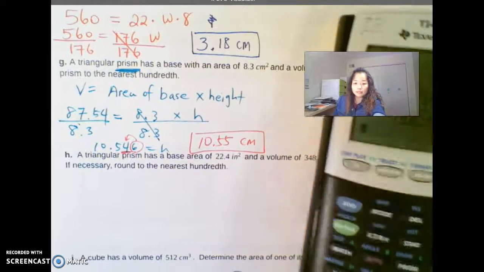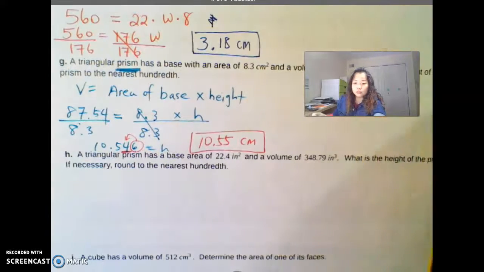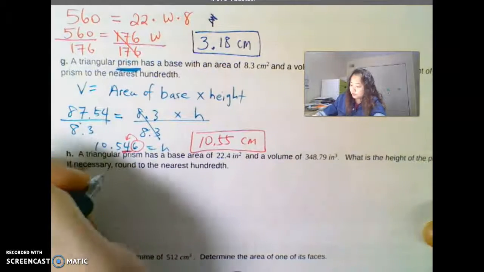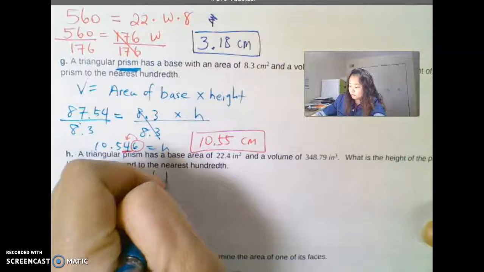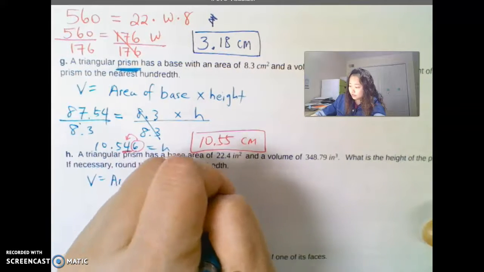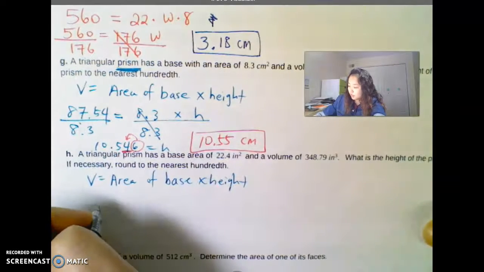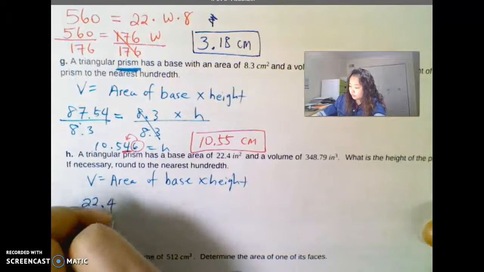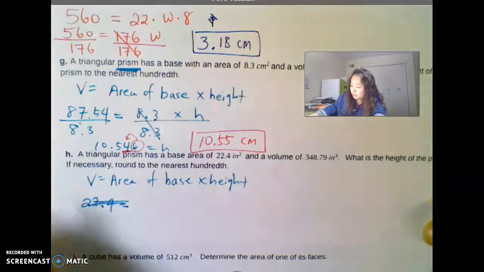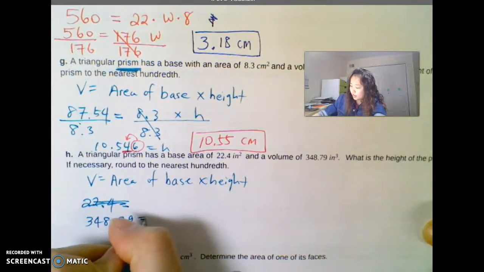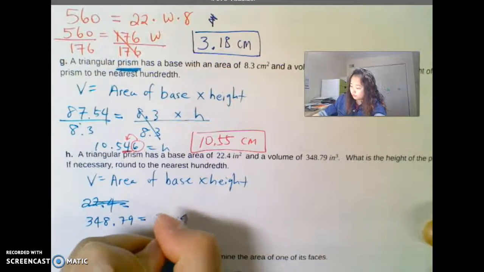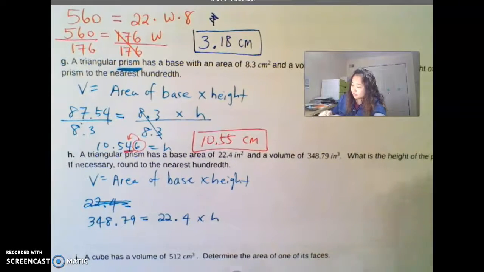One more, same thing, triangular prism. So it's the area of base times the height. The volume is 348.79. Area of the base is 22.4. Find the height.